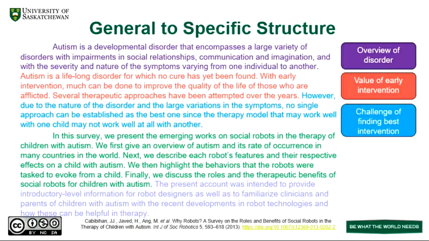But then we have this problem that is identified in that right now it's quite difficult to find the best intervention just because of the variability of this disorder and the many different ways that it can manifest.